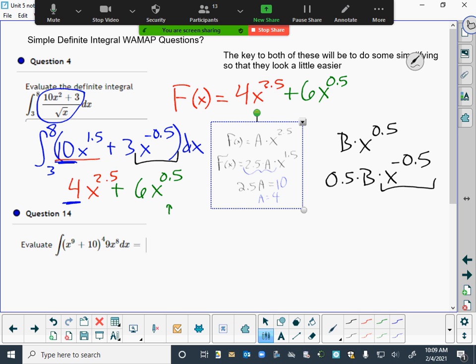But this number out in front needed to equal 3. So my 0.5 times b had to equal 3, and if I divide both sides by 0.5, I get that the b must be 6. And so that's the 6 right there.